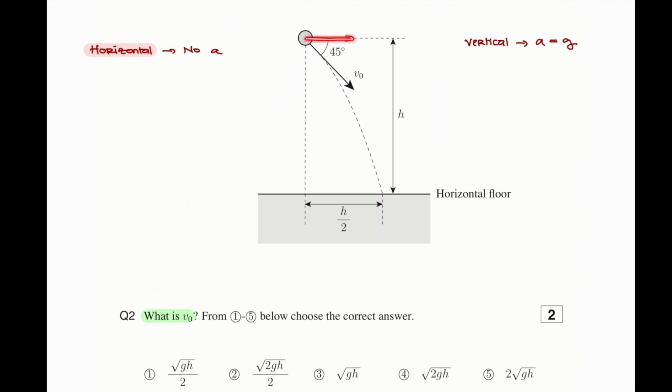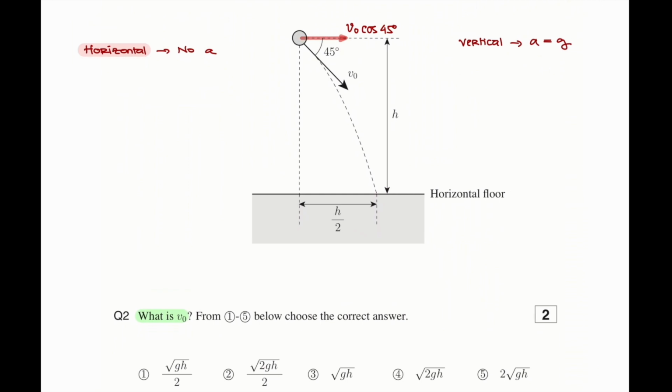Since this component makes an angle of 45 degrees, that means this is V0 cos 45. And since for the horizontal component there is no acceleration, our equation is distance equals speed times time.